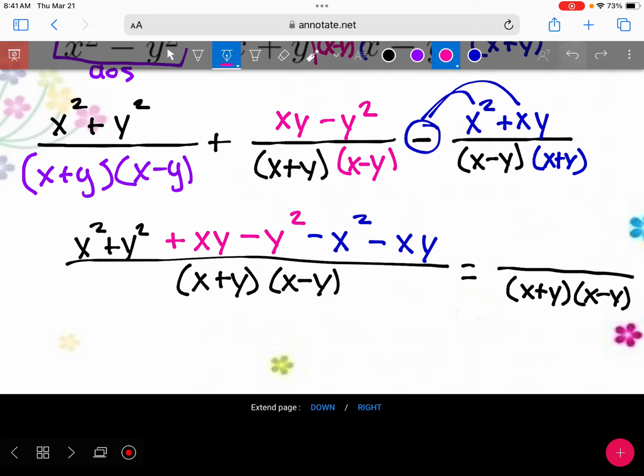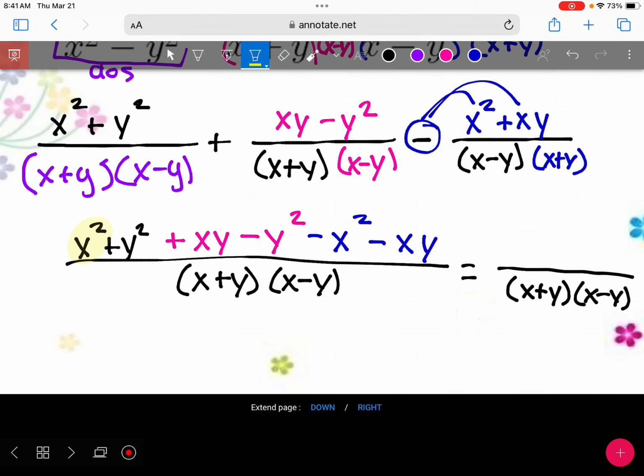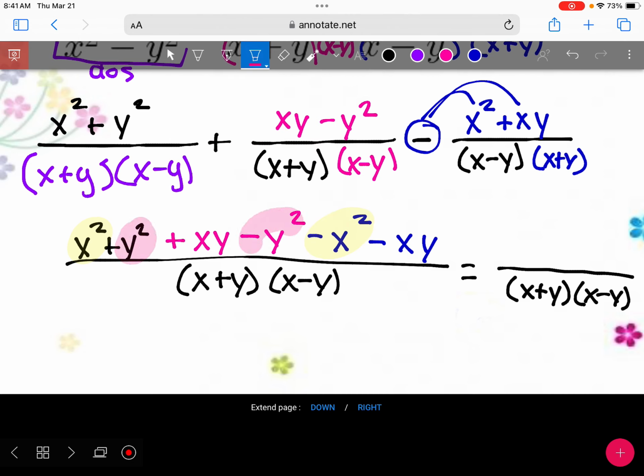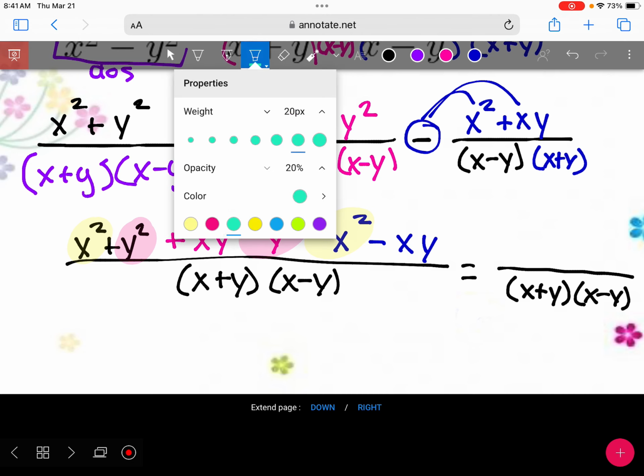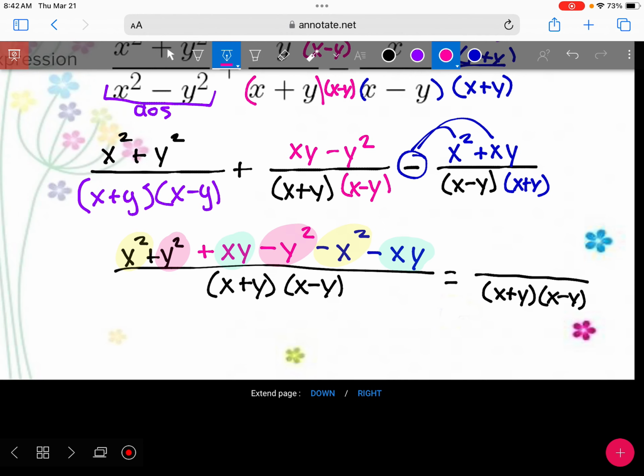I'm going to switch and do that with highlighter instead of with the same pink. And my x squared and my minus x squared. I've got my y squared and my minus y squared. So those cancel. Those go down to 0. I've got xy minus xy. So I have 0 xy's.